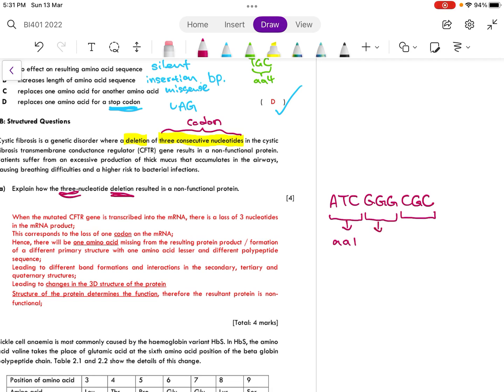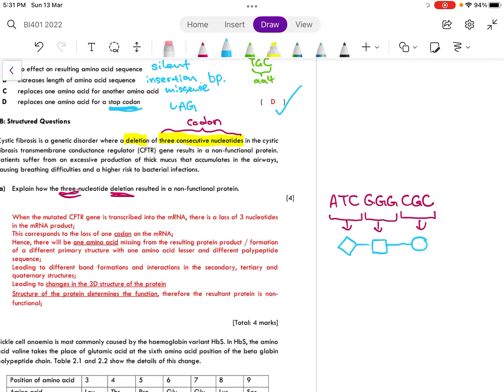Let me not use amino acid numbers. I shall draw out some cartoons. Let's say the first amino acid is a triangle, second one is a square, and the third one is a circle. And if we were to translate this, we're going to get a polypeptide with these 3 amino acids. So what happens if we delete 3 nucleotides?